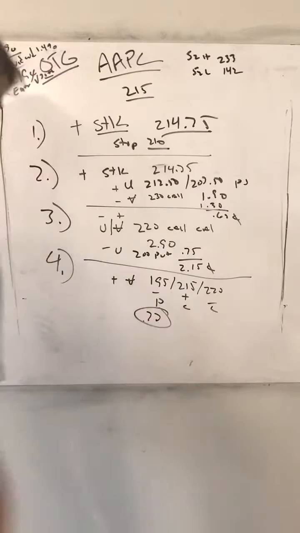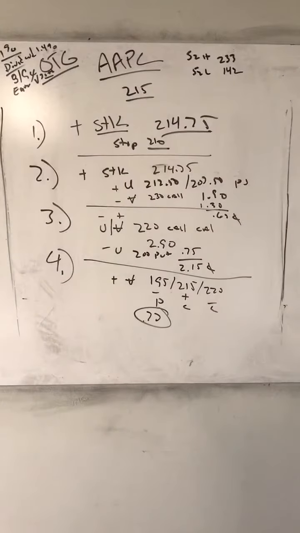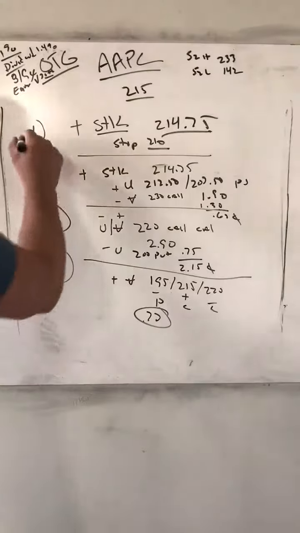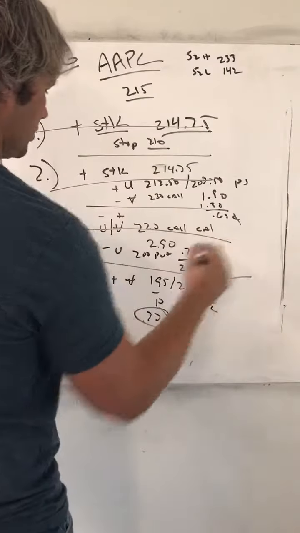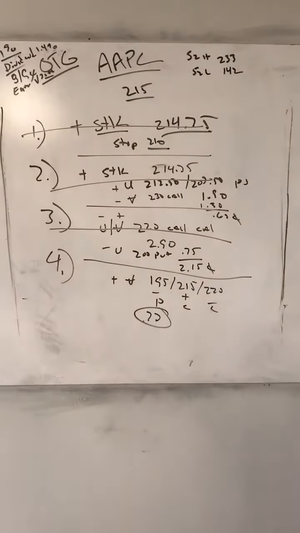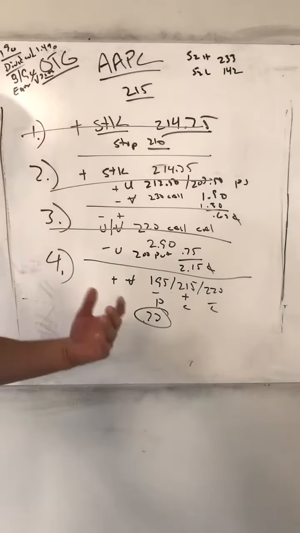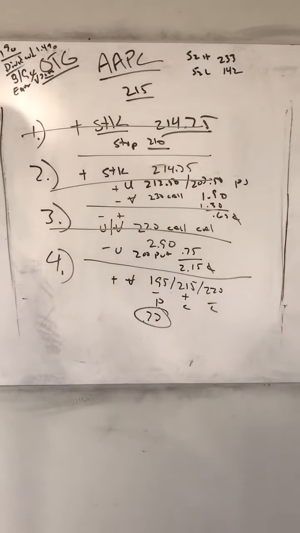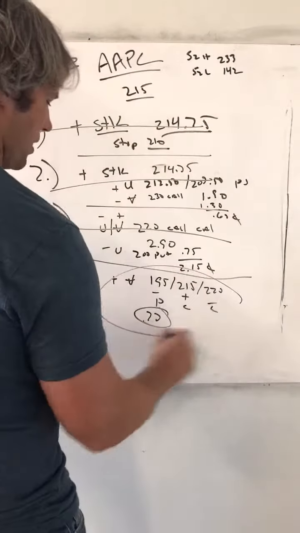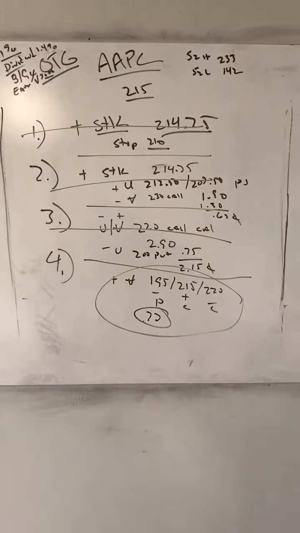Getting into a long Apple for 70 cents. Okay, so we're gonna break down choice 4, because we do think that this is a stock that we are comfortable owning for a long period of time. So we're gonna try to do this trade for 70 cents.